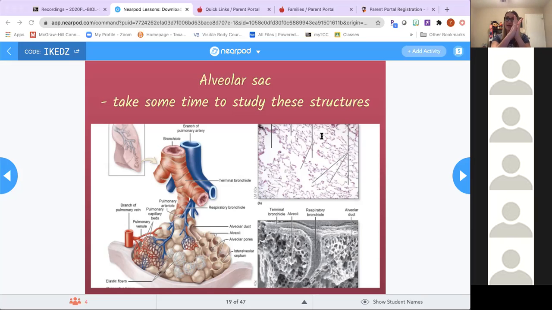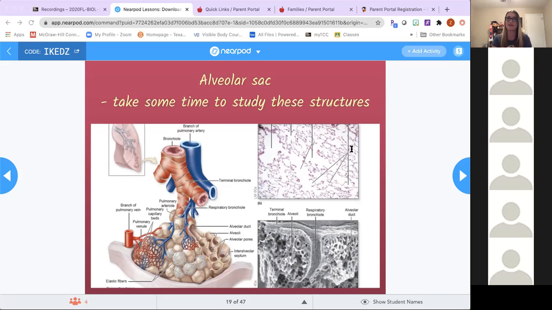At this place where the capillary touches the alveolus, their basement membranes are going to fuse. Okay, so at this place, the basement membrane of the capillary and the basement membrane of the alveolar epithelium are fused together. And alveoli are surrounded by many elastic fibers, which have a natural tendency to recoil.